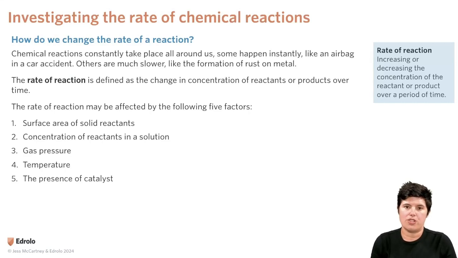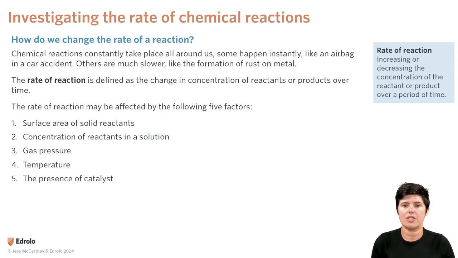Chemical reactions are occurring all around us, some we would notice and some we wouldn't. When we're looking at gases, for example, a lot of the time we would not notice these reactions proceeding. Some reactions can be very, very slow, and this is sometimes helpful, but sometimes it's not. We want to be able to get products as quickly as possible, especially if we need to use those products.